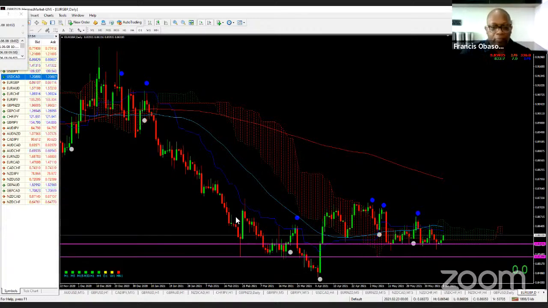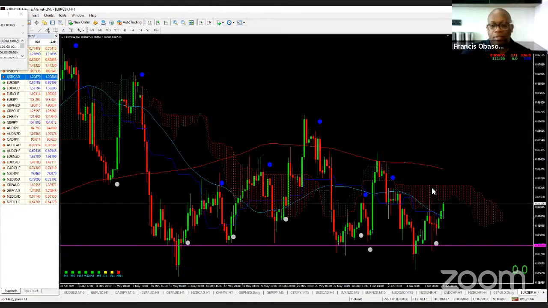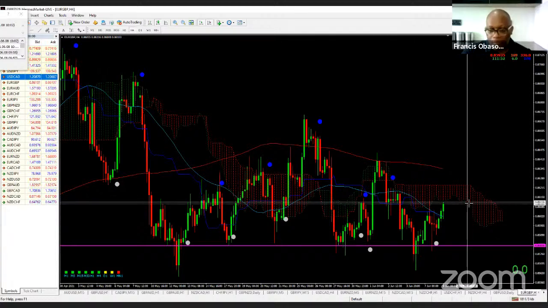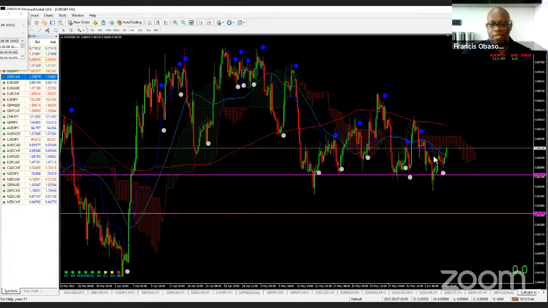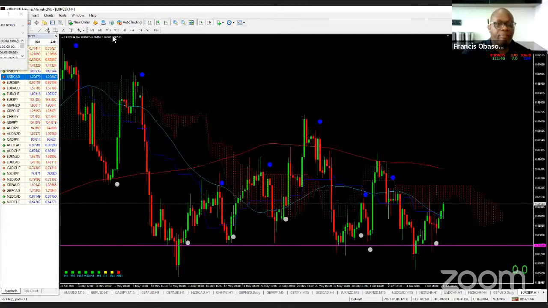It seems like a bit of an inverse head and shoulders going on there. If that is the case, it means this is going to be going up. Okay, I think I like this one for a buy.